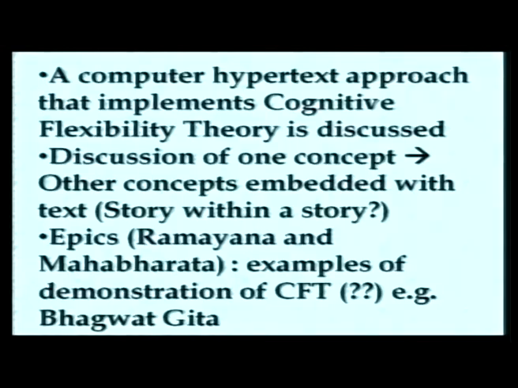Now, I was thinking about some familiar example, story within a story. That is a kind of hypertext. Epics like Ramayana and Mahabharata, they have so many branches. I mean, such a hiatus of stories and stories and stories.